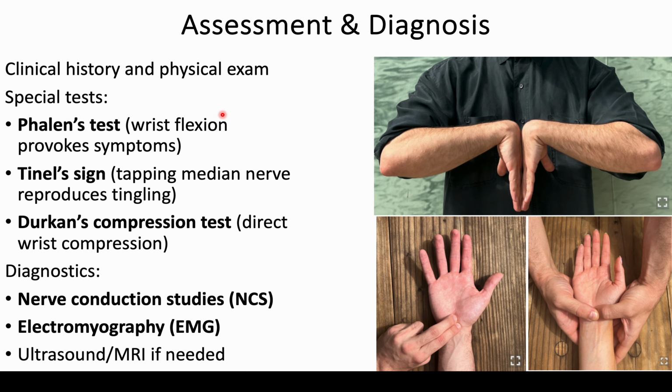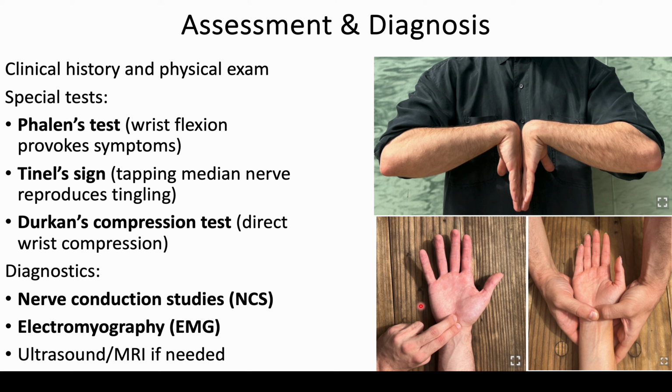So as physiotherapists, we use a few different tests to figure out whether that median nerve is irritated. We can use a Phalen's test, which is wrist flexion. If this provokes symptoms, meaning the numbness and tingling goes into here, or whatever symptoms you're experiencing get worse, this is a positive test.